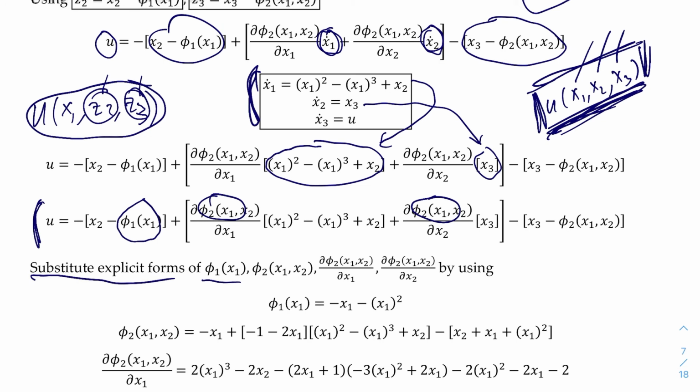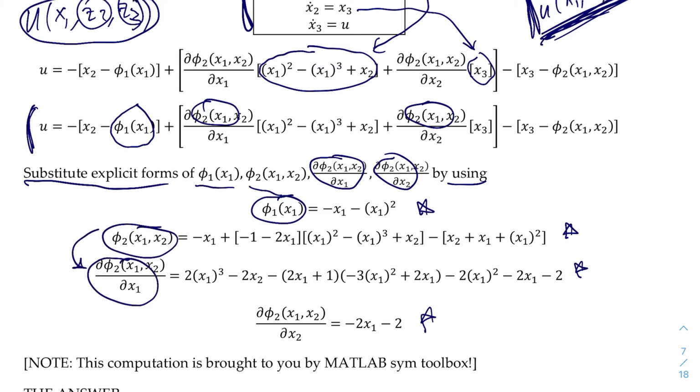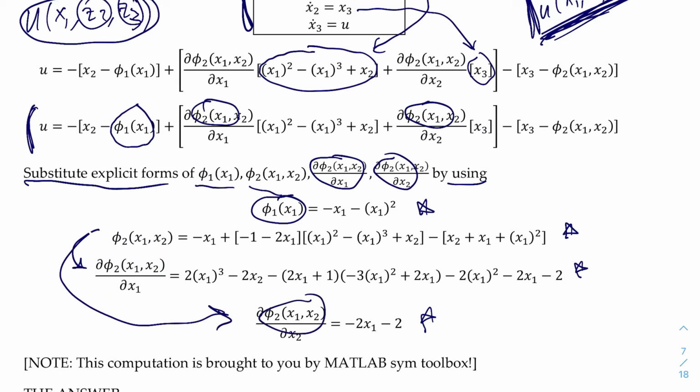Substitute explicit forms of phi1, phi2, and the partial derivatives of phi2. We first found this, then we determined this, and after determining that, it's straightforward to find the partial derivatives.